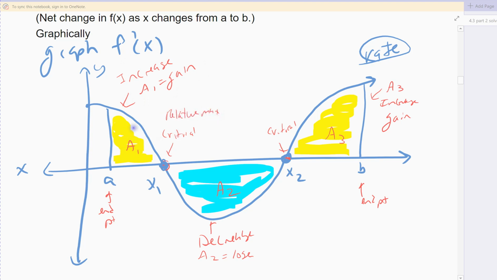Because I gained, stopped, and then lost, right? Go up, then down, so it would be a max. The second critical over here would be a relative min, right? Because I had a loss right before it. I decreased, stopped decreasing, and then I started to increase again. All right, so that would be a minimum, just to kind of reflect, and that's kind of important to remember when we get to applications.